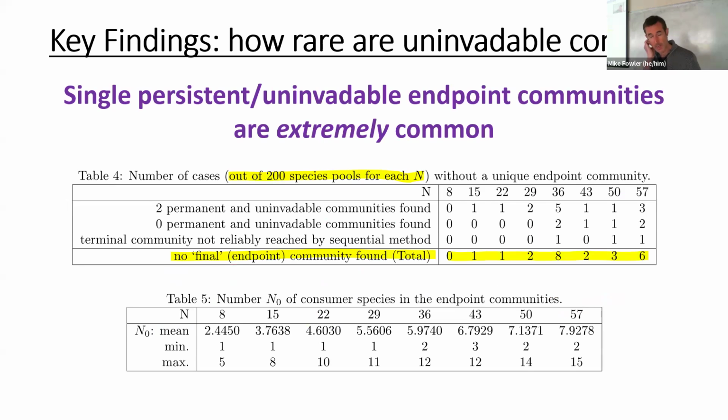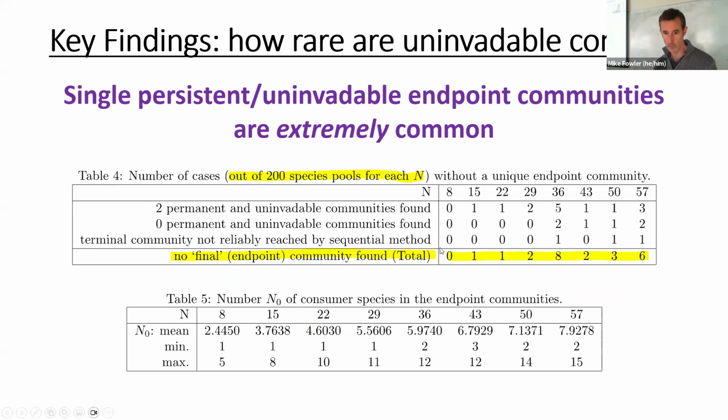We asked how many of the final communities were unique in this persistent or uninvadable endpoint framework. Sometimes you could get more than one community at the end of a long simulation, or using this persistence theory.